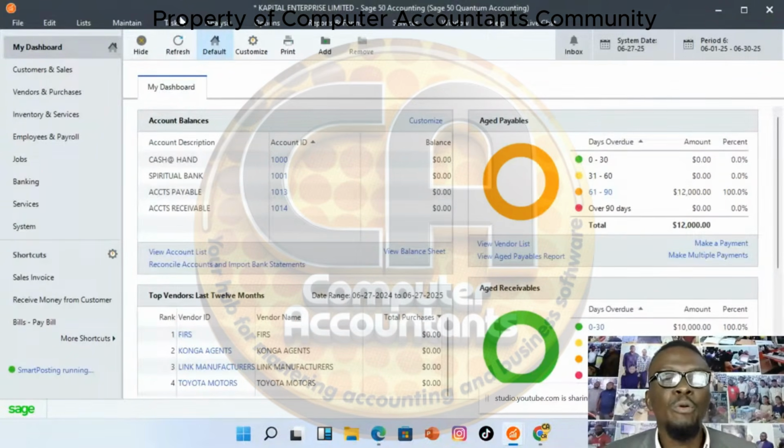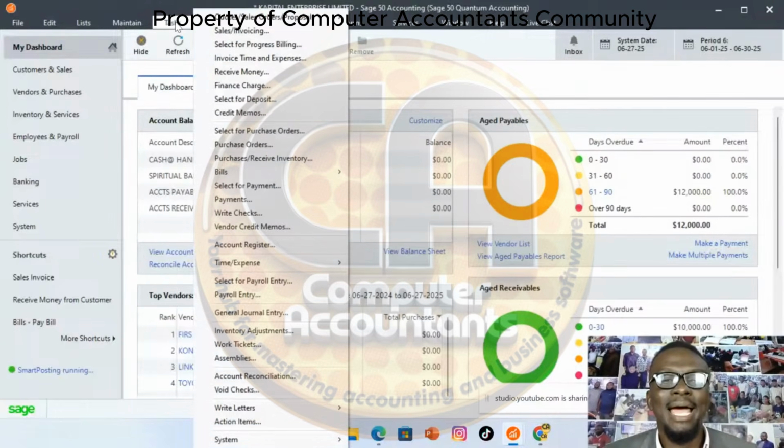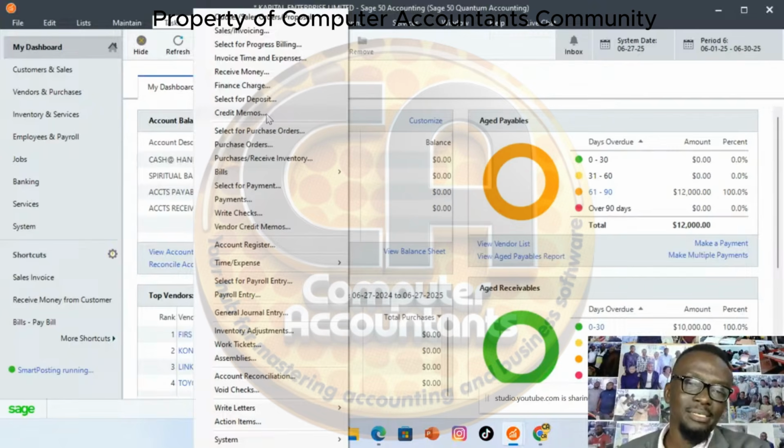So what do we do? We go back to tax and select credit memo. That's an American English term. In our local accounting parlance, we say return outwards. What it simply means is that I'm now crediting myself for giving back.